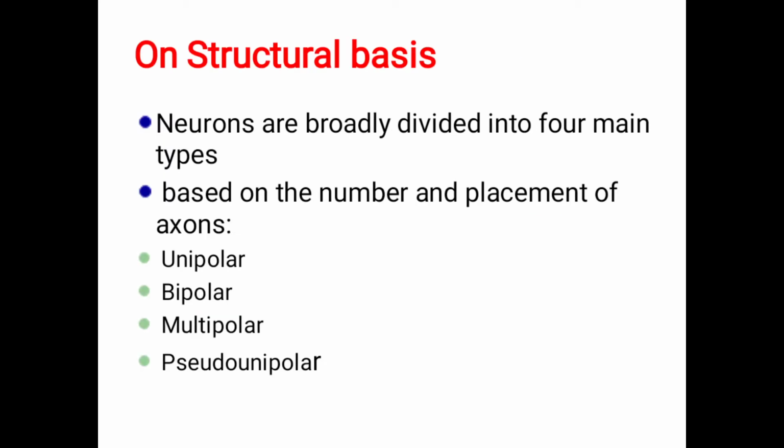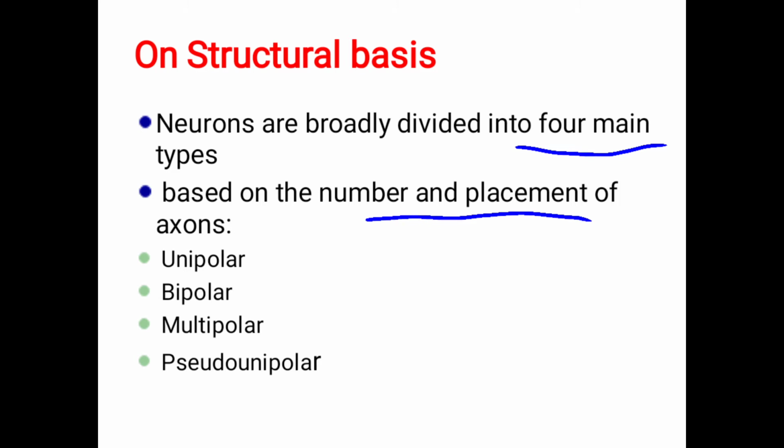Let us see the classification of the neurons. At first, we can discuss the neurons based on their structural basis. On the structural basis, we can classify the neurons into four types, mainly based on the number and placement of axon.